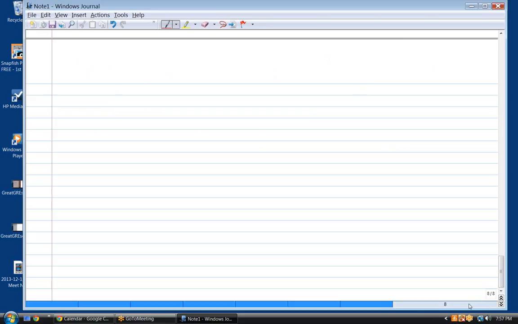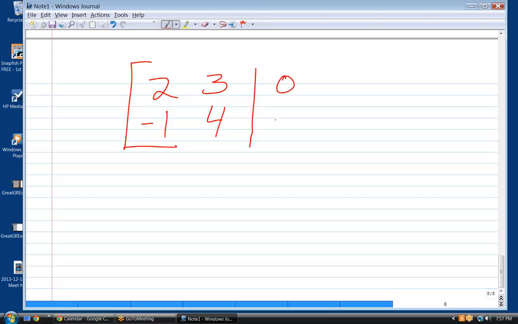Have you had to do augmented matrices yet? Or are we going to get to that? I'm not sure. What is an augmented matrix? Oh, it's one that looks like this. There's a vertical line, and maybe this would be minus 1 and 4, and you might have a 0 there and a 9 there. Oh yeah, we've done that. It's basically a way to solve simultaneous equations and variables.